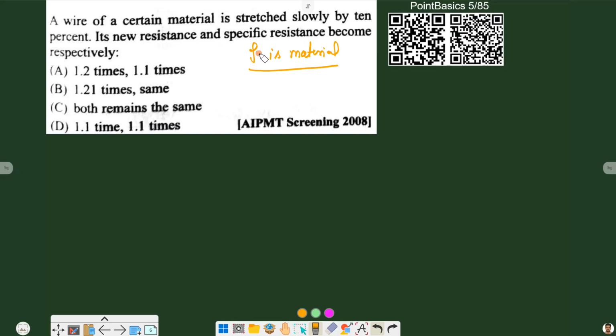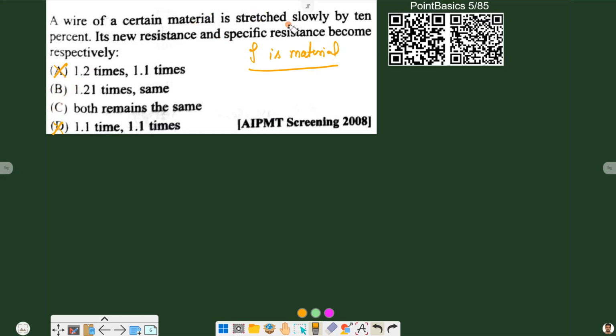So it will stay the same. So option A gets cancelled because here it is mentioned that it is changing, and option D also gets cancelled. And as we change dimensions of a material, its resistance will change. So out of B and C, B seems to be a possible option, and let's find out which of them is right.